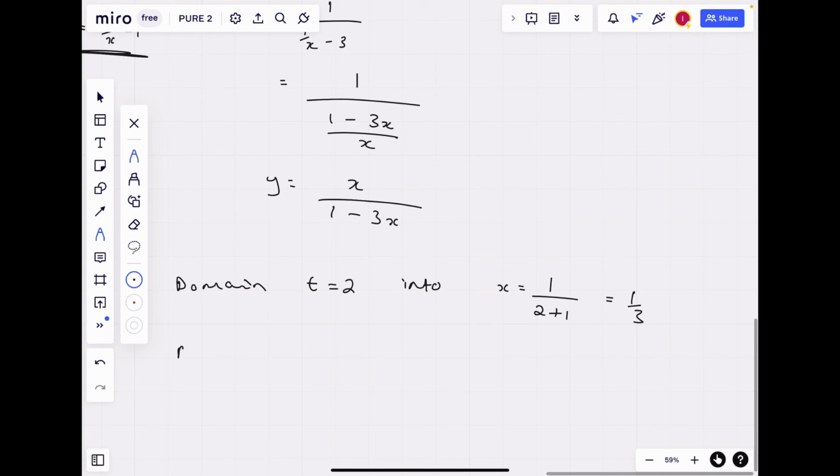And then for the range, when you sub in t equals 2 into y equals 1 over t minus 2, you get 1 over 0, which gives no solution. So your range is y greater than 0. And there you go. That is parametrics, converting to Cartesians, and then domain and range.